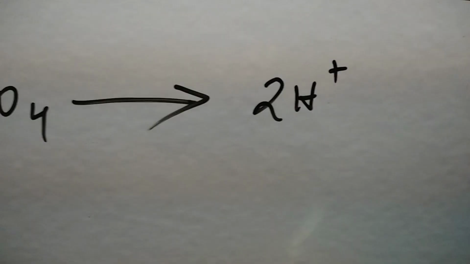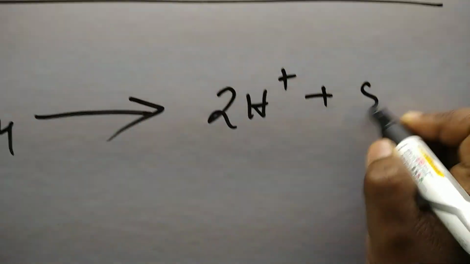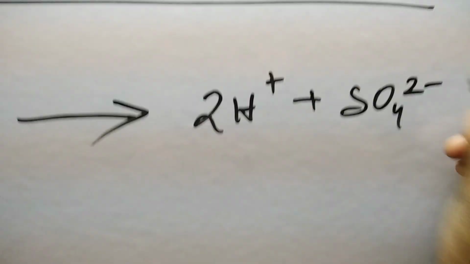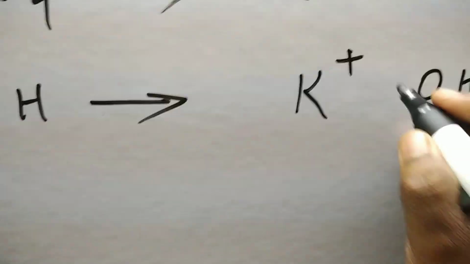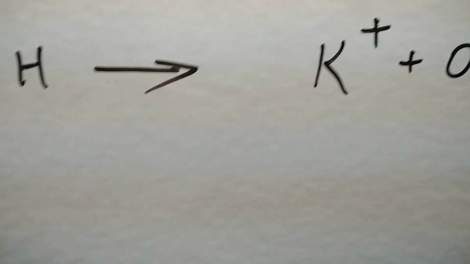It dissociates and breaks down into ions. Yes students, it will break down into 2H plus and SO4 2 minus, and KOH will also dissociate. It will form K plus and OH minus. Yes.